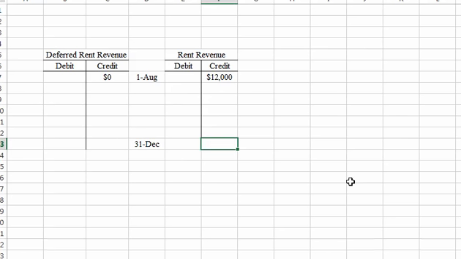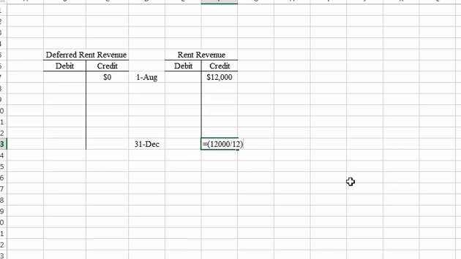For rent revenue, it should be equal to the number of months of rent earned from the day the payment was received on August 1st to the end of the year at December 31st. So it's going to be equal to $12,000 total rent received divided by the number of months that they paid, 12 months, times the number of months that the company has earned from August 1st to December 31st.